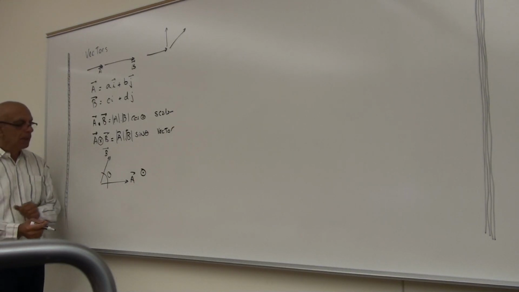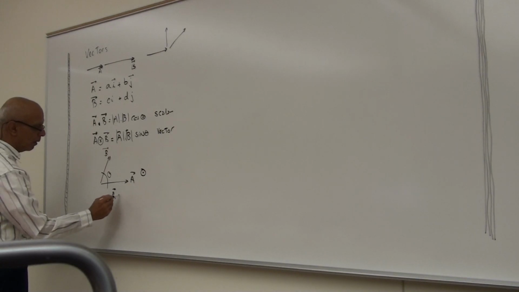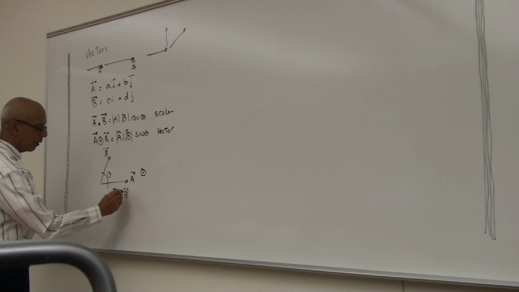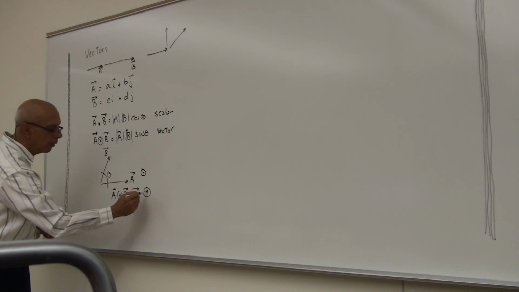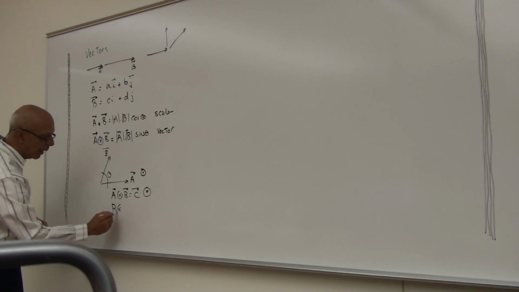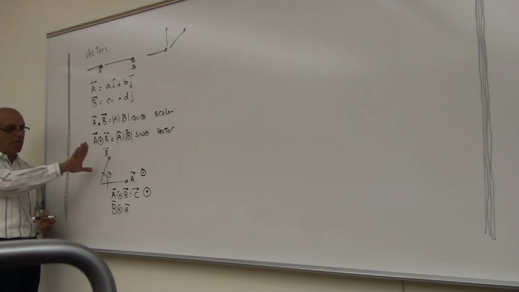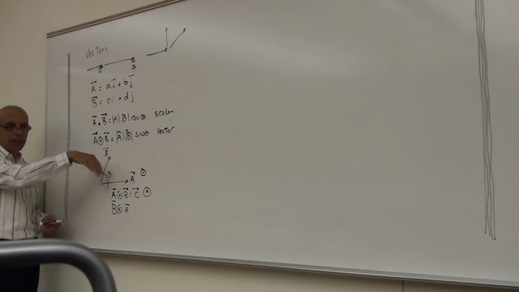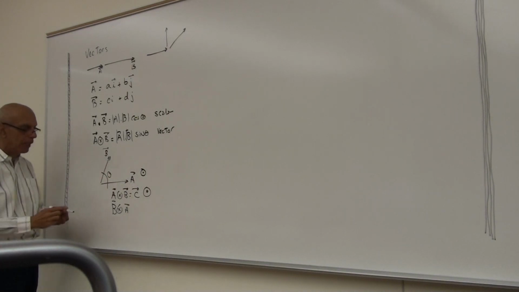If this is A times B, I'm going to have a vector C pointing outside. Now, if it's B times A, so now my B is here and the A is there, I'm going this way and my thumb is pointing inside.